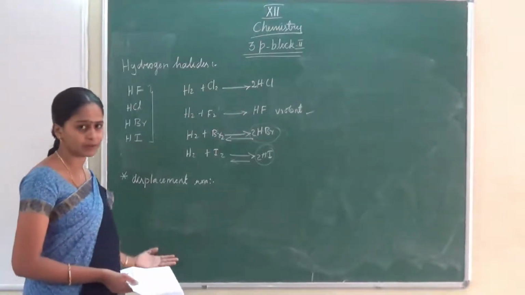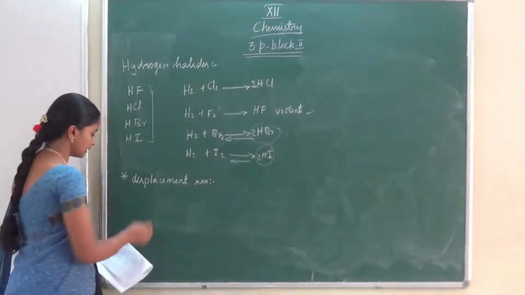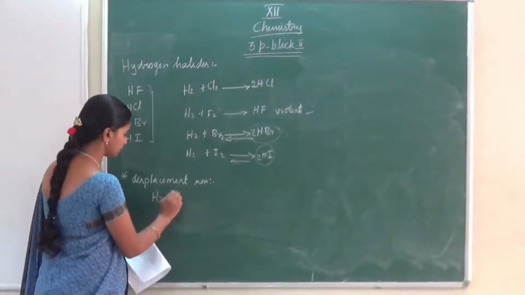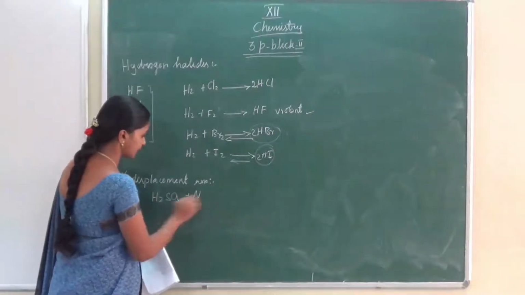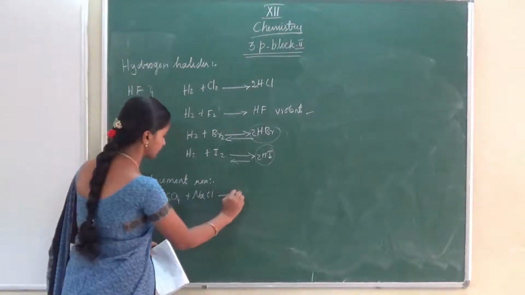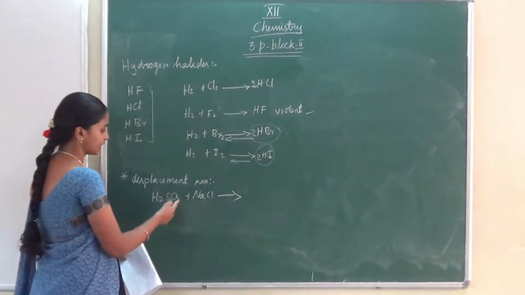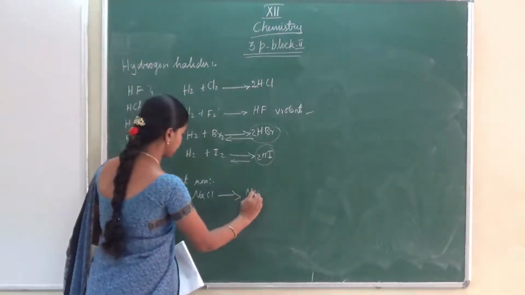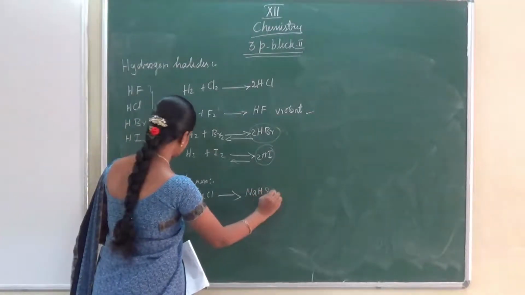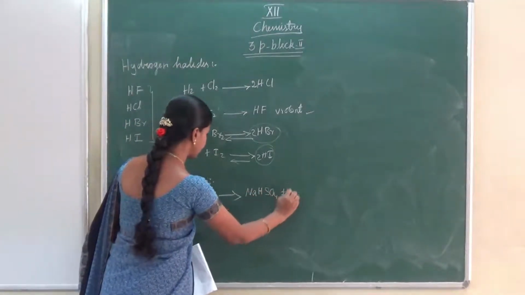The same I am going to write now. Okay, now see here. H2SO4 is there. When we treat sodium chloride in the same reaction, we get the product sodium bisulfate plus HCl.